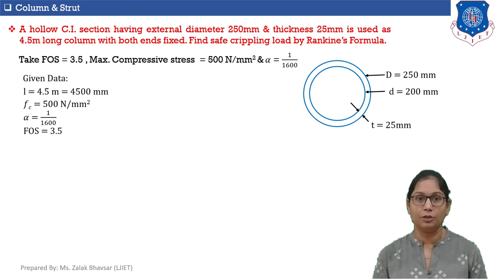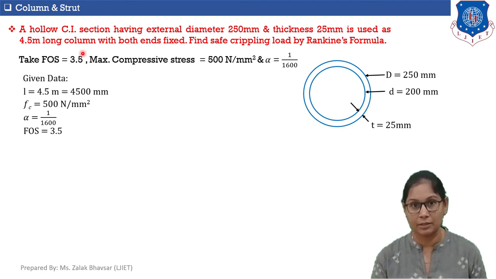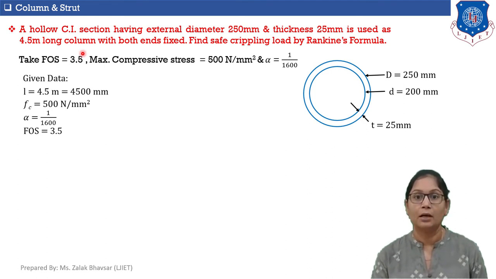Now let's solve a numerical using Rankine's formula. A hollow cast iron section having external diameter 250 mm and thickness 25 mm is used as a 4.5 meter long column. So here one hollow cast iron section is used as a long column.